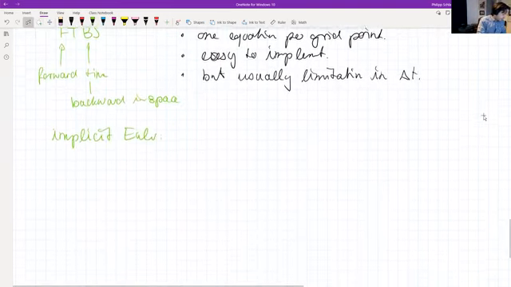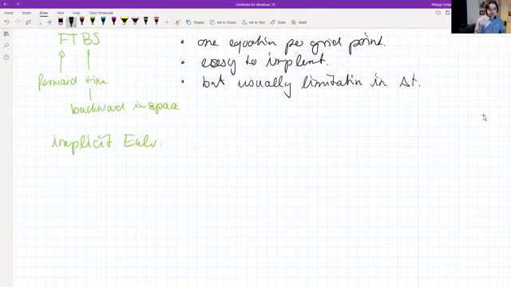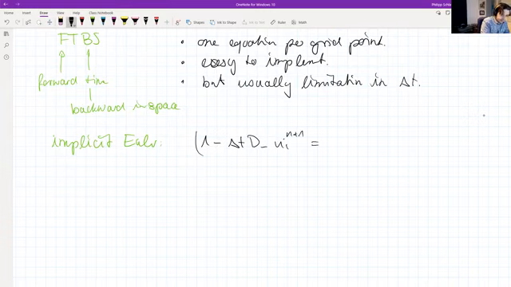I can do that quickly. So what you get is 1 minus delta t times D minus, times u_i^(n+1), is the same as u_i^n.